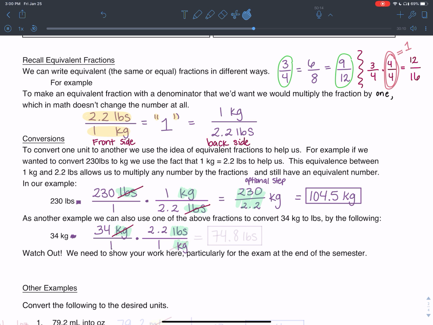Now I can enter this into my calculator. In the bottom all I have is 1 and that goes away. In the top I just take 34 and multiply it by 2.2 and I get 74.8 pounds.